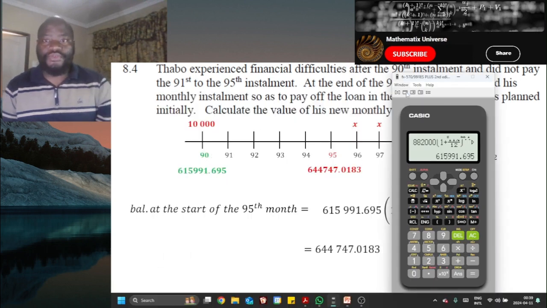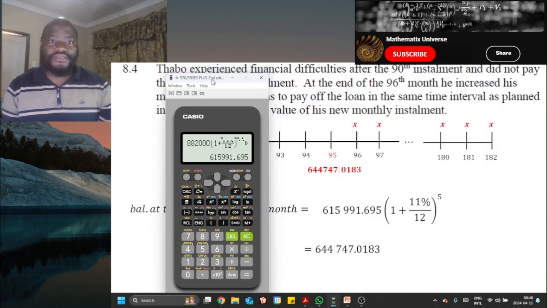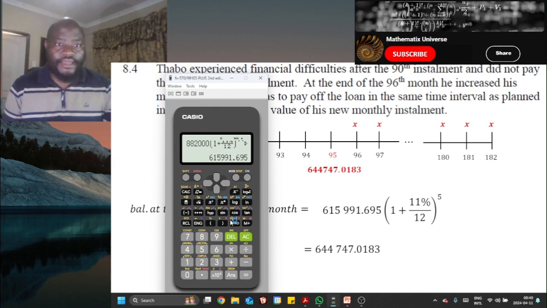Let's show that this is the case on a calculator. So I am going to take this amount and store it at A and use it the way we have written here. So the A stands for this value that I've just stored.